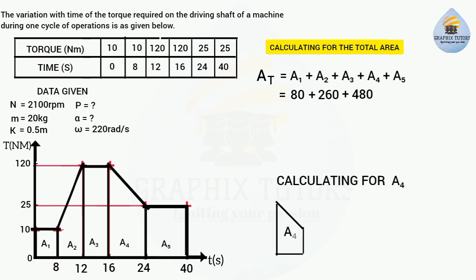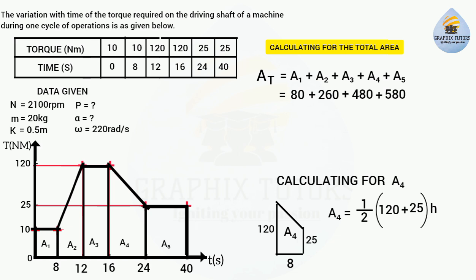Similarly, calculating for area 4, you see that area 4 is a trapezium. If I bring it out, I'll have the length to be the difference between 24 and 16, which is 8, and the height is given to be 120, then the other height is given to be 25. And the area of the trapezium is given to be half A plus B times the height, where the A here is the height, which is 120, and the B here is the other height here, which is 25.